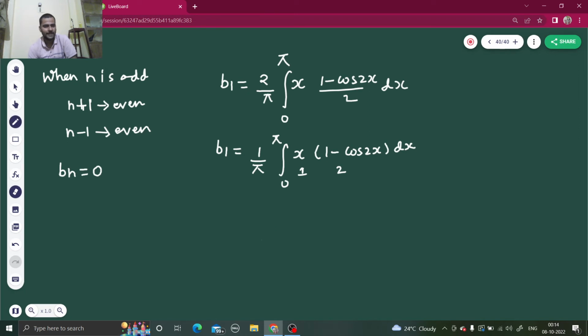So if you break this, b1 will be 1 by pi integral 0 to pi x dx, minus 1 by pi integral 0 to pi x cos 2x dx.